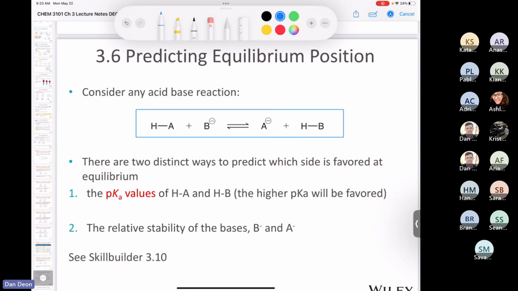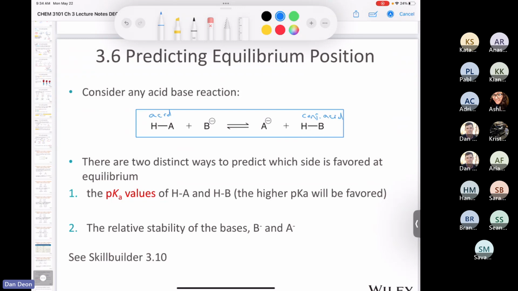Well, if you're trying to predict, is the equilibrium going to lie to the right or the left? The best thing you could do would be to look at the pKa values of the acid and the conjugate acid. That's the best thing you could do, right? Because the equilibrium is going to lie to the side of the weaker acid. So whichever one has a higher pKa, it's going to be on that side.